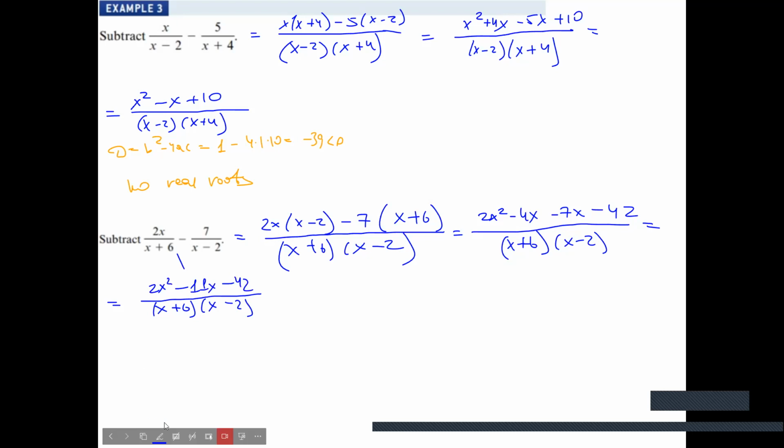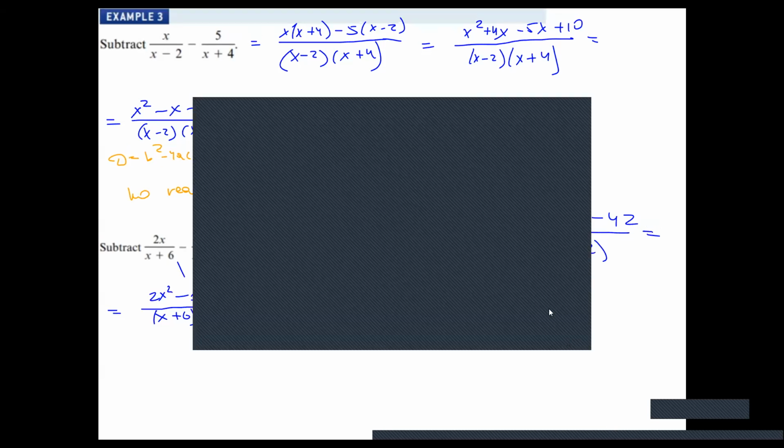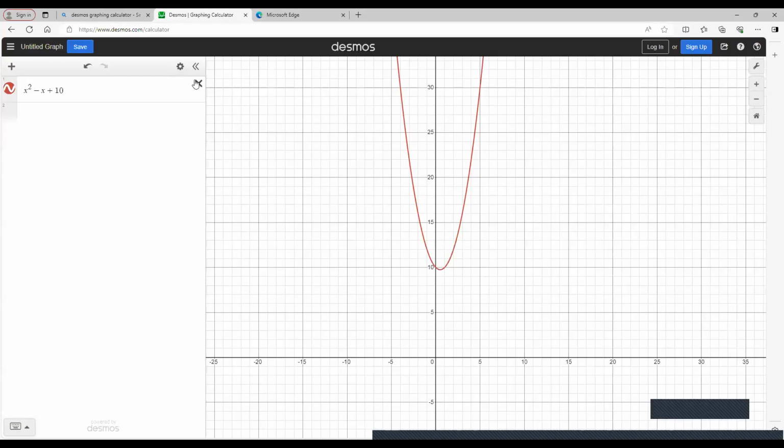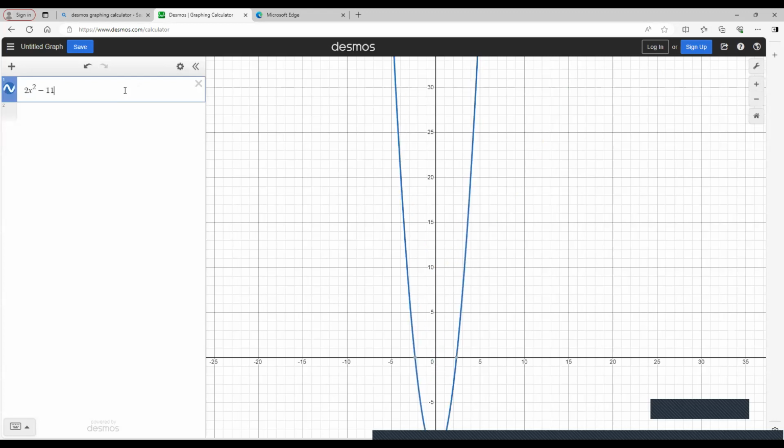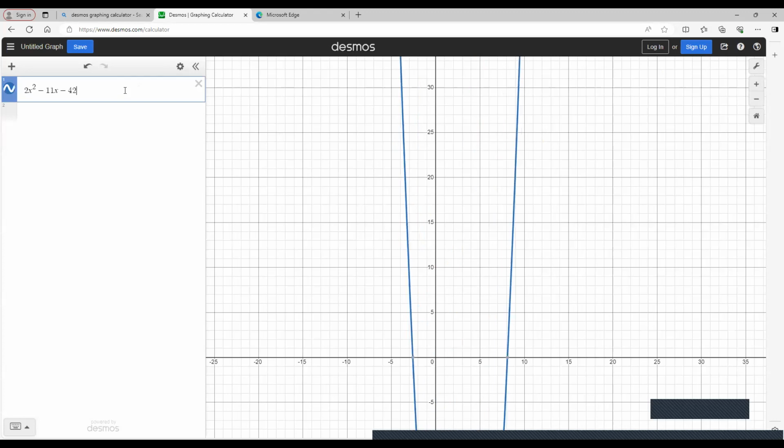Okay, let's try that. Well, let's save time and see here. So 2x squared minus 11x minus 42.